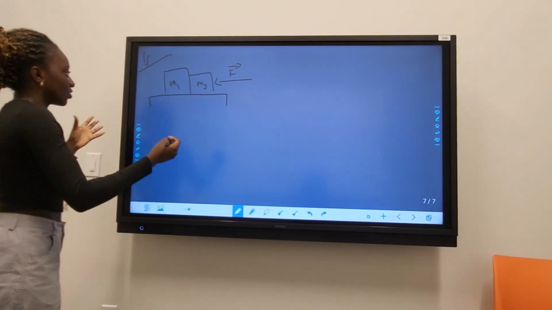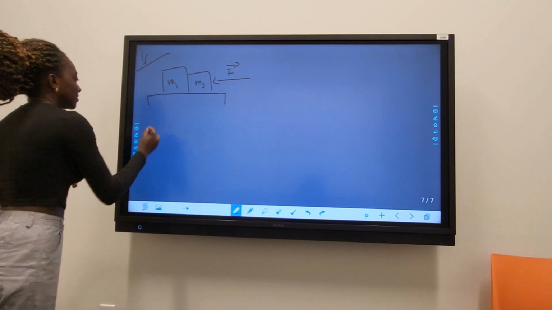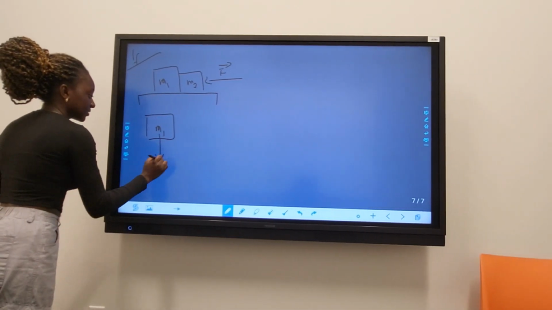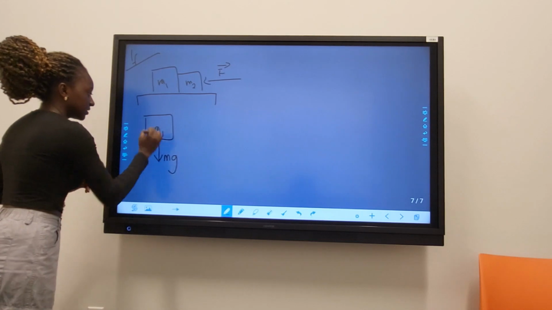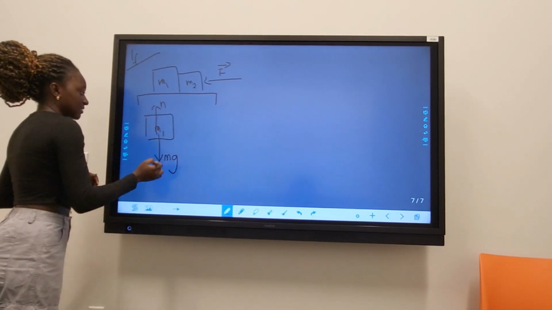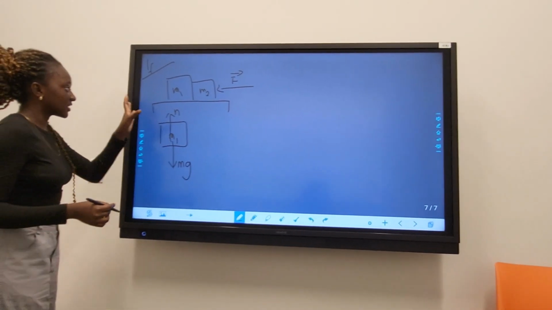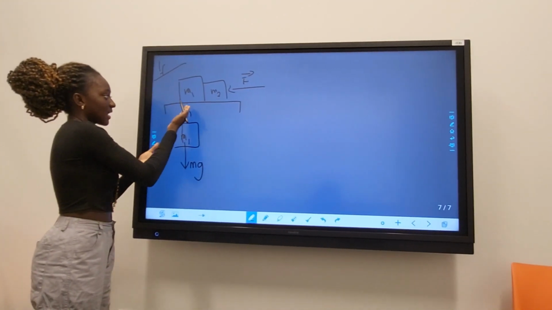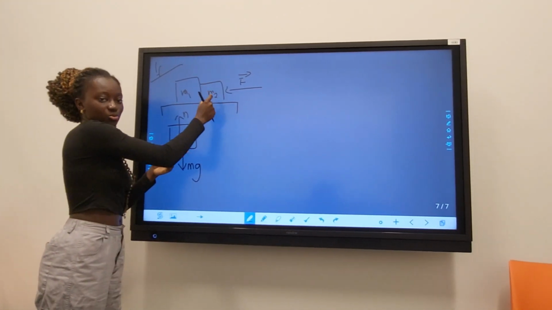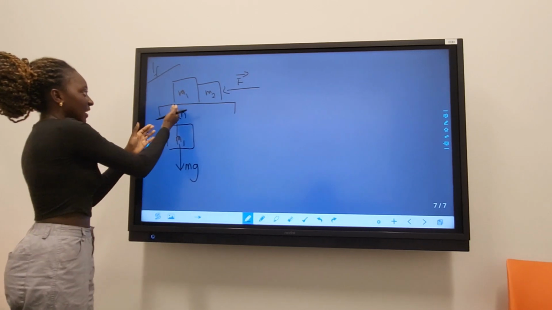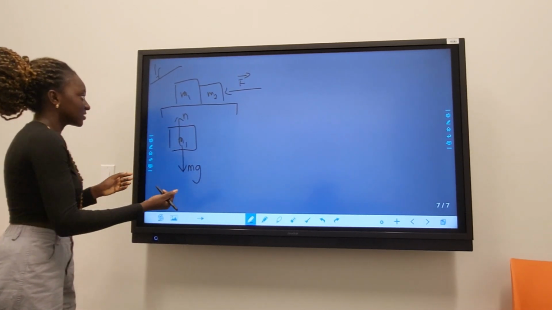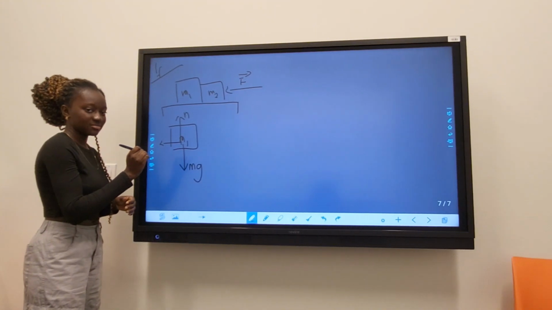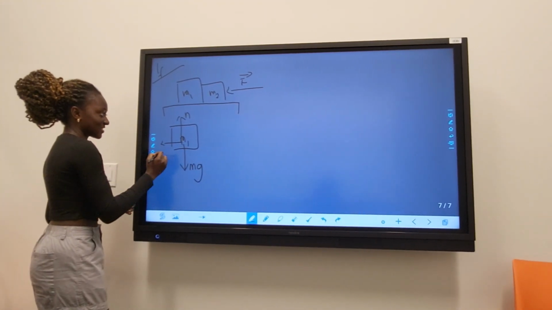So here we resolve both of them. We resolve M1. Obviously we have mg and N. Over here you can see that F is not directly acting on M1. However, M2 is applying a force on M1, and that force is going to be in the negative x direction.